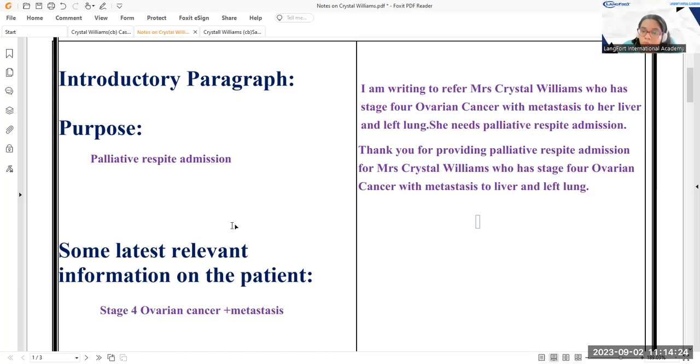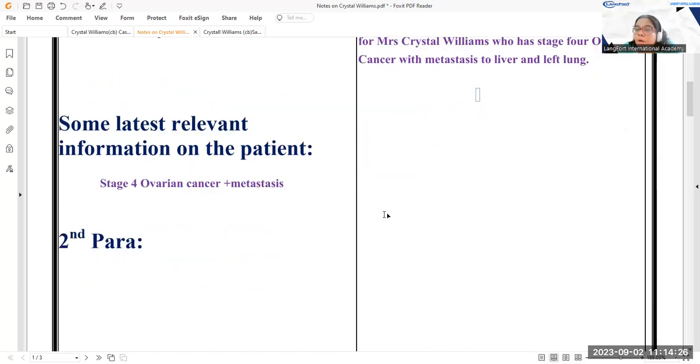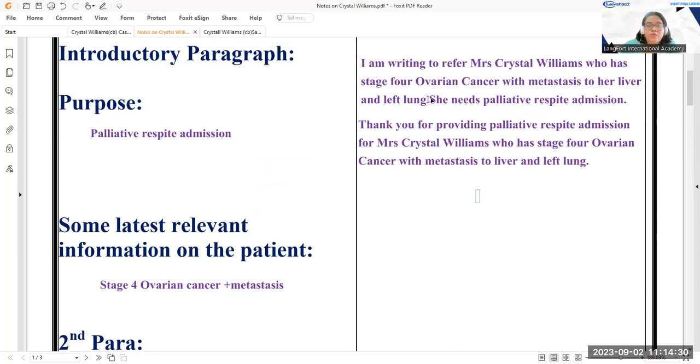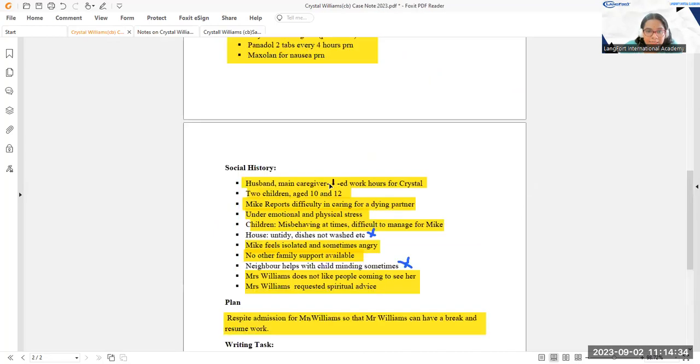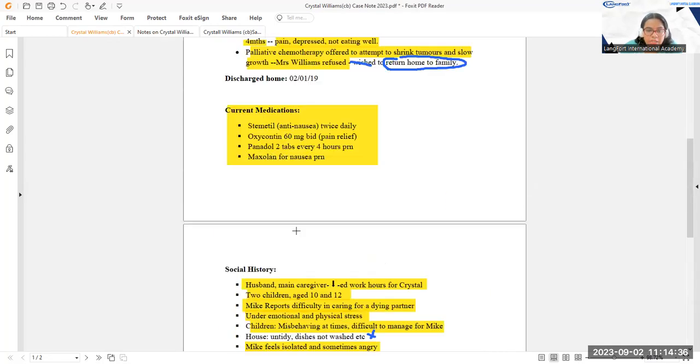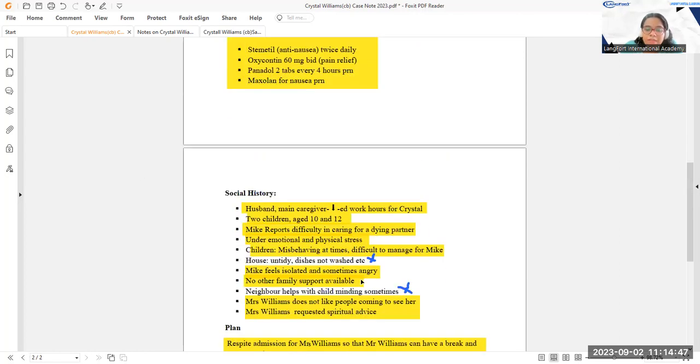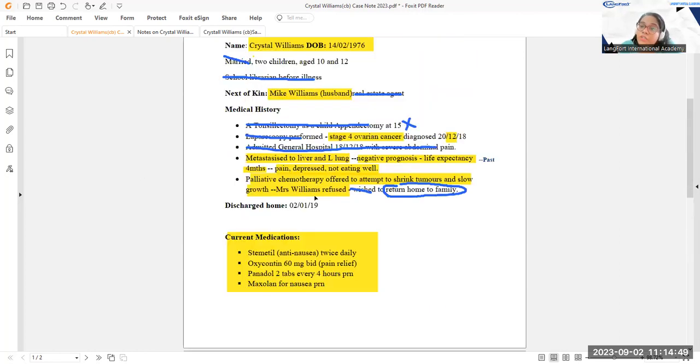Okay, now let's have a look at what things you can include next. You have talked about the diagnosis, you have talked about the purpose. Now look at the selected details. We have social history, then the cancer, the prognosis, the whole thing, then medication. Among these, what will you place as your second paragraph?